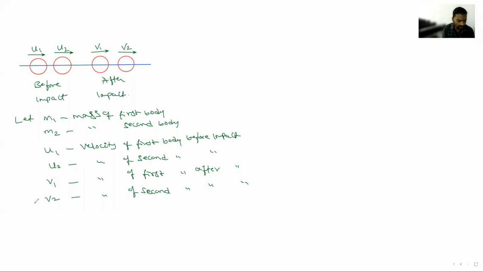At the instant of maximum deformation, the colliding bodies will have the same velocity.